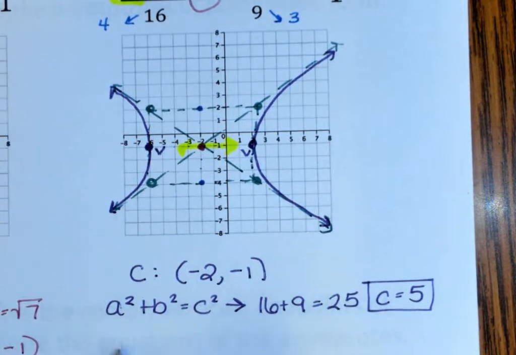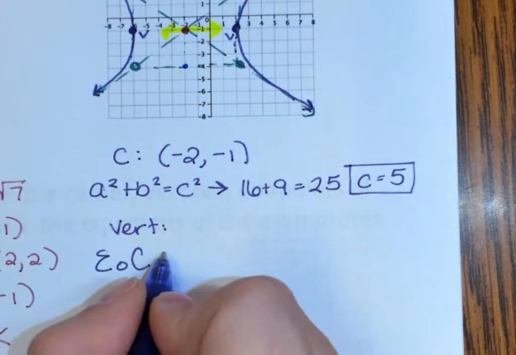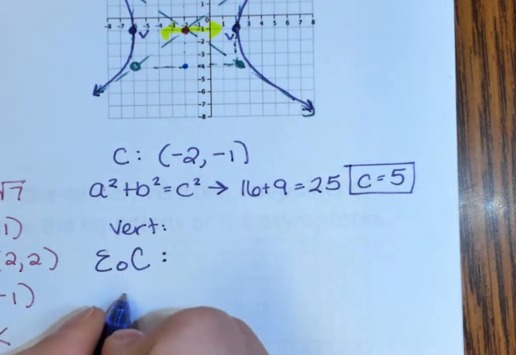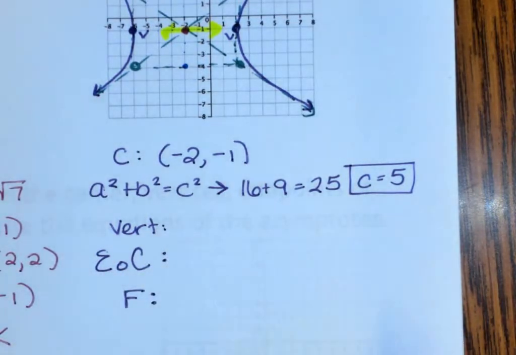Okay? Then we have the vertices. We don't have covertices. We're going to have endpoints of the conjugate axis. And we're going to have foci.